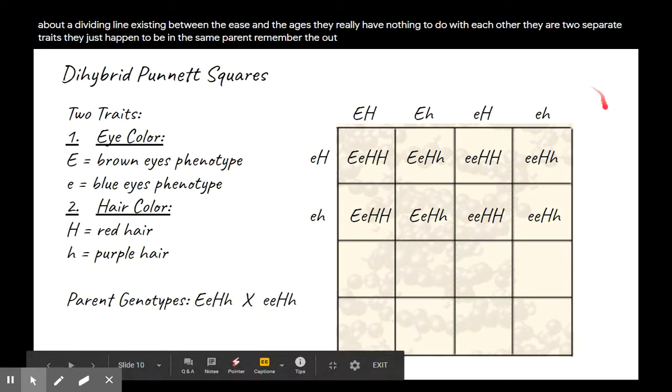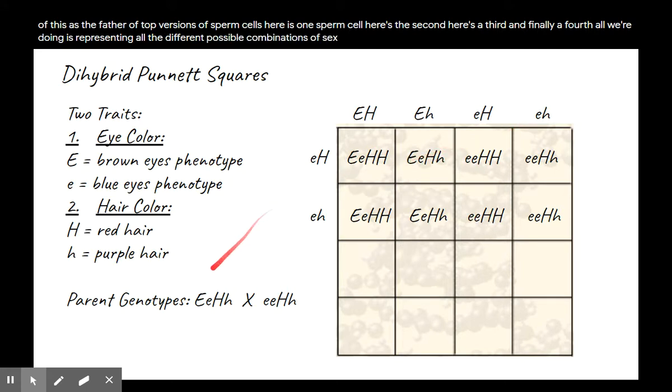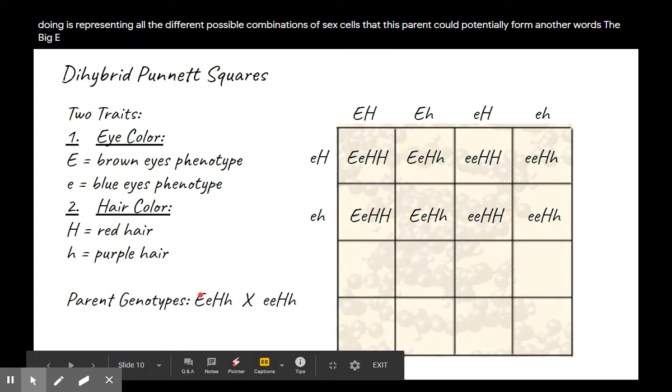Remember, the outside of our boxes here really represents sex cells. Again, if we think of this as the father up top, these represent his different versions of sperm cells. Here's one sperm cell, here's a second, here's a third, and finally a fourth. All we're doing is representing all the different possible combinations of sex cells that this parent could potentially form. In other words, the big E could combine in a sex cell with the big H, and that's what's being represented here.